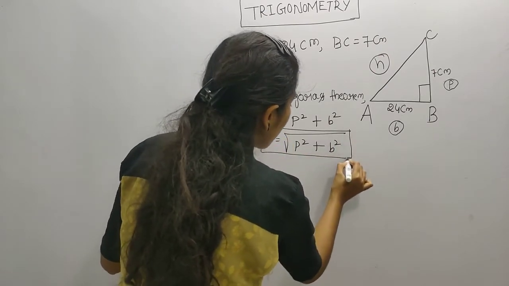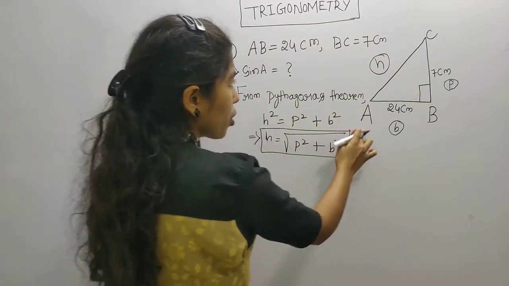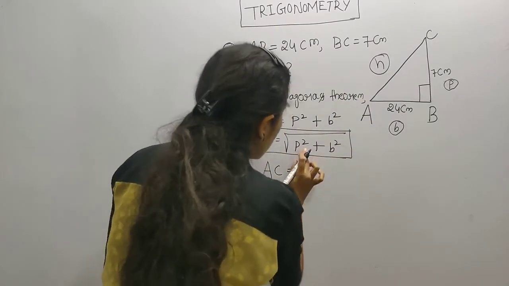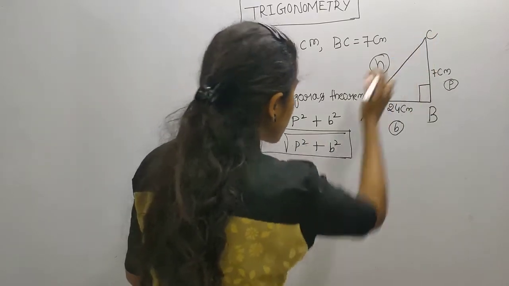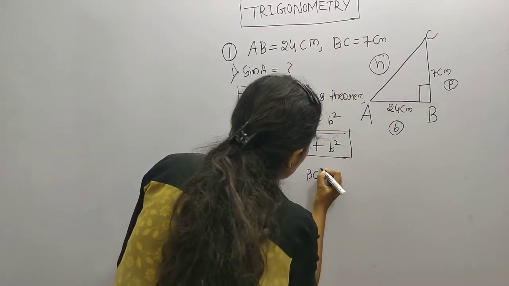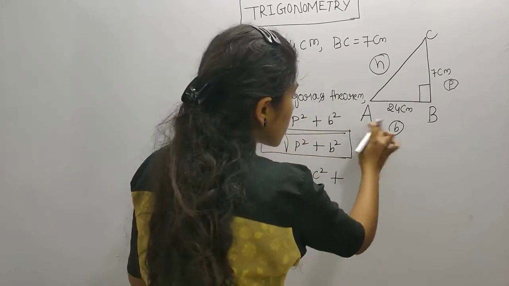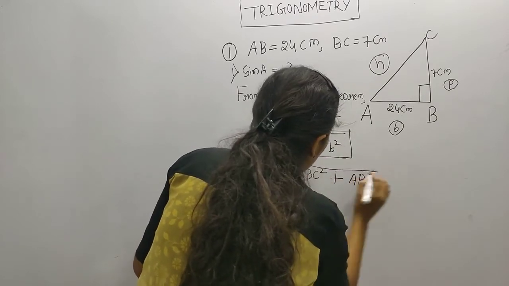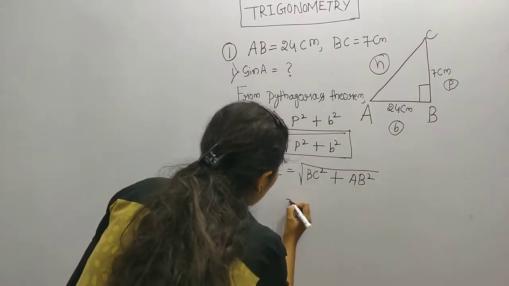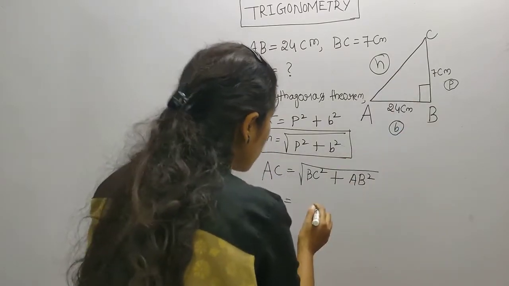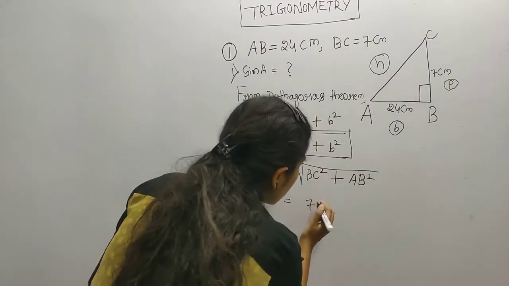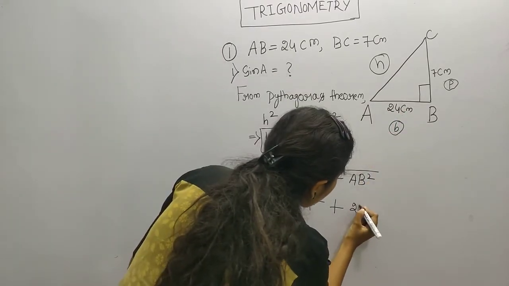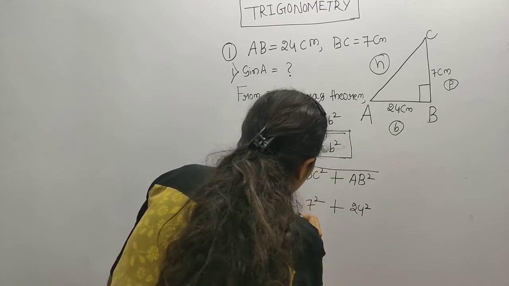Using this formula we will find the hypotenuse side AC. So AC equals the square root of the perpendicular square, that is BC square, plus the base, that is AB square. How much is BC? 7 cm, so 7 square, plus AB, how much is AB? 24 square.